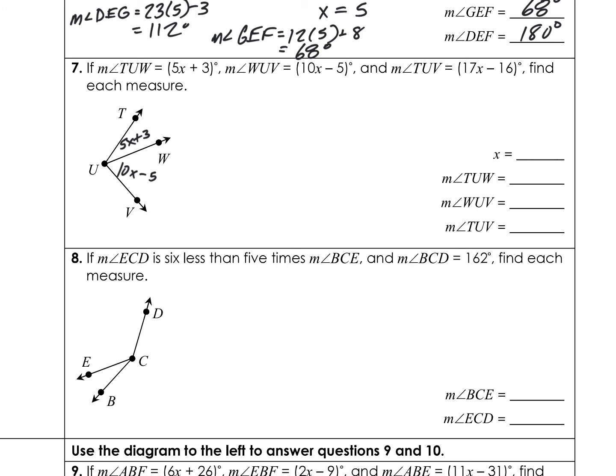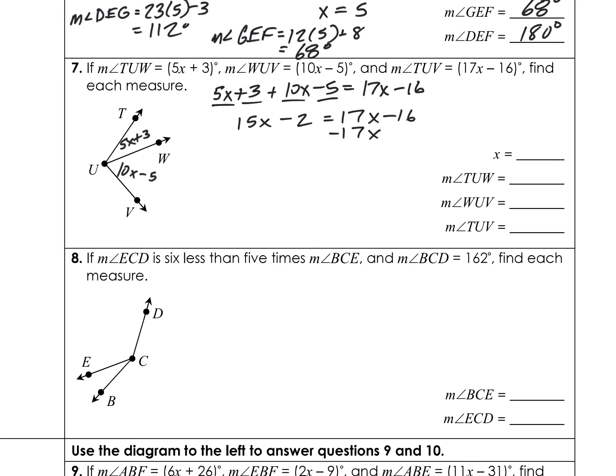So here we go. 5x plus 3, we're using the angle addition postulate, okay, plus 10x minus 5 is equal to the total angle, which is represented by 17x minus 16. All right, combine like terms, that's 15x minus 2. Get the variable on one side, I'm going to subtract 17x.